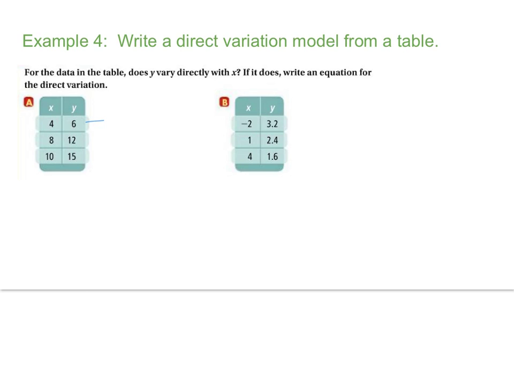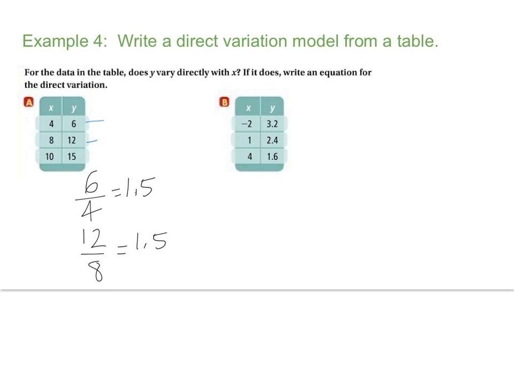So 6 over 4, which by the way is the same as 3 over 2 or 1.5, should be the same as the next case, which is 12 over 8, and 12 over 8 is the same as 6 over 4, which is the same as 3 over 2, which is 1.5.